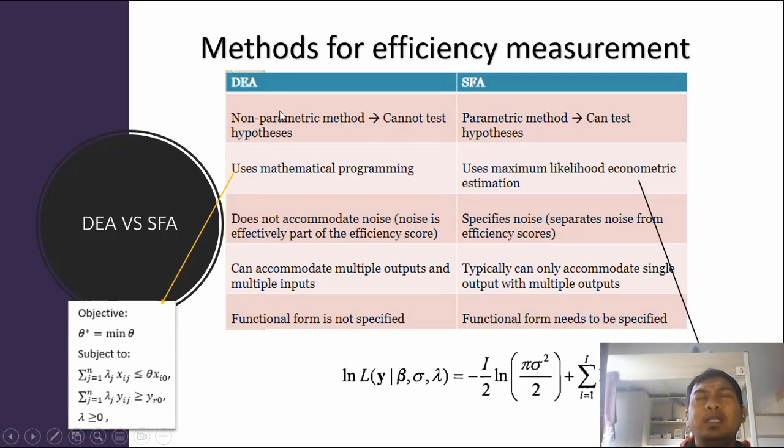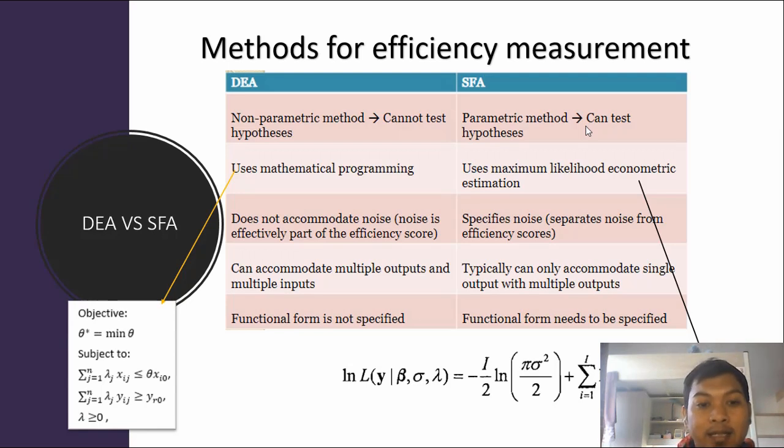It means the SFA is concerned about the distribution of the data, but the DEA, being non-parametric, is not concerned about the distribution of the data. And also in the SFA we need to test the hypothesis because we take care about the significance level. But in the DEA we do not need to test the hypothesis.